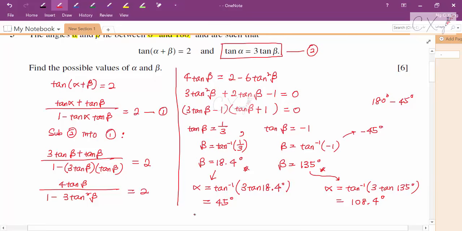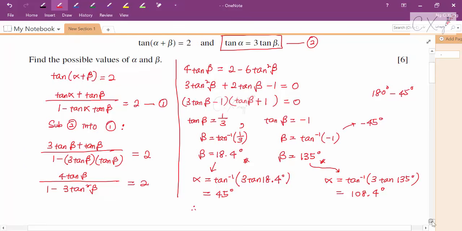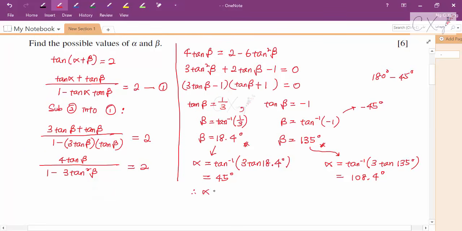And then if you want, you can rewrite the answer again. When alpha equals 45 degrees, your beta equals 18.4. Whereas if your alpha equals 108.4, then the beta will actually equal 135.